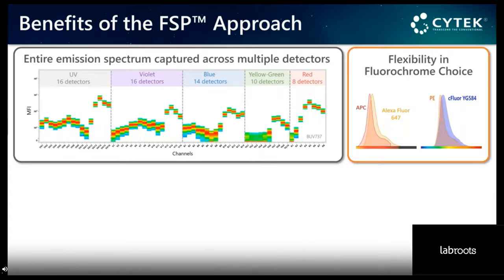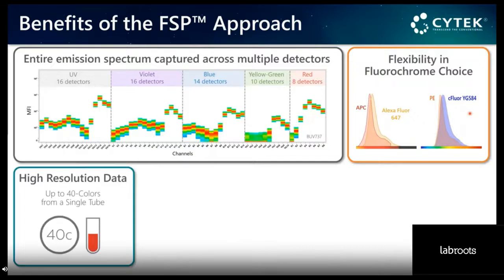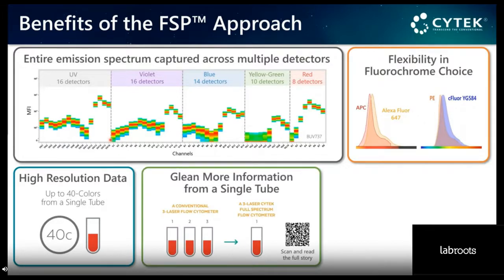And that happens for multiple fluor pairs. Since we can put more and more fluors, we'll be able to build larger panels. The example is a 40-color panel that we recently published out of a single tube with high resolution because of the optical configuration and layout that I described.